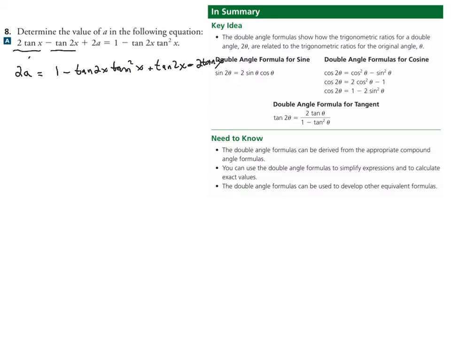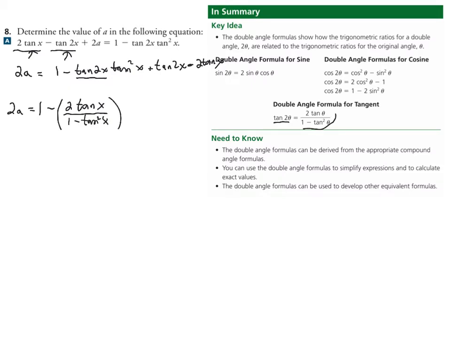So we brought both of these to the right hand side. And then we're going to have to divide everything by 2, but let's clean this up a little bit. So 2a equals 1 minus tan 2x. Let's get rid of these double angles right away. We're going to change that to 2 tan x over 1 minus tan squared x.